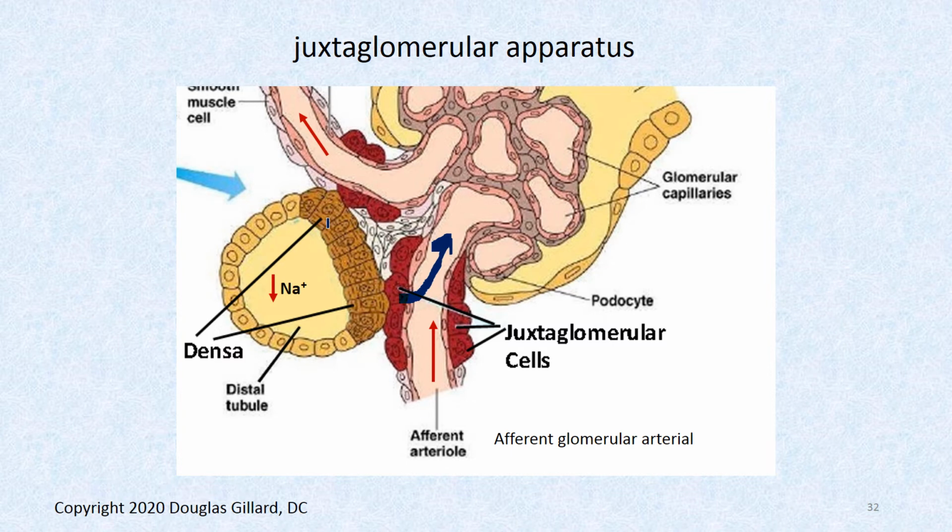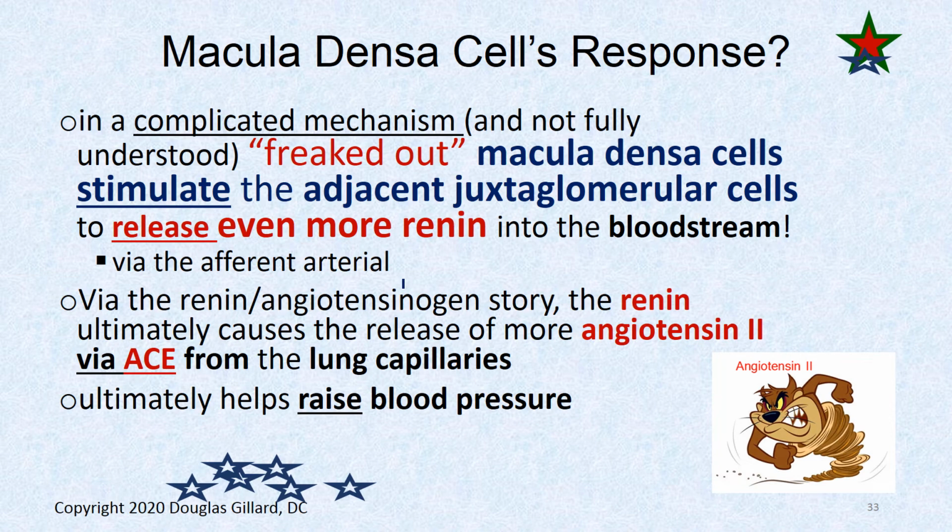So, key test question: do these macula densa cells directly release renin or indirectly release renin? They indirectly release renin. They have to signal their buddies, the juxtaglomerular cells, to do that. Okay, got it? All right, everything I said, renin's released and then goes through the same details. The renin converts angiotensinogen into angiotensin I, which is converted by ACE to the dreaded angiotensin II.